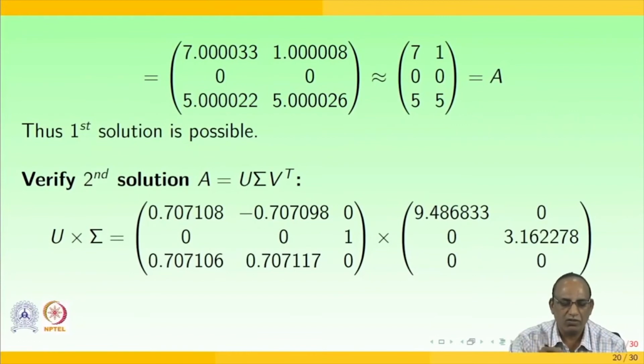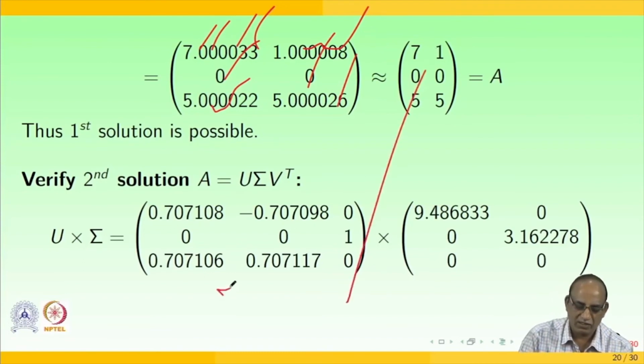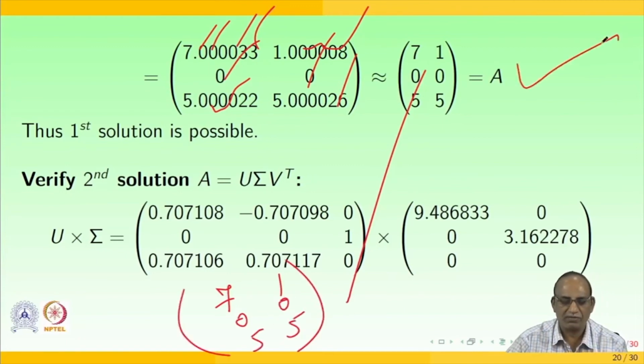Essentially you do get 7.00033, 1.008, 0, 0, 5.0022, 5.0026, which is approximately, you can write it as 7, 1, 0, 5, 5. This is the matrix A. Thus, the first solution is possible as we did it in the calculation.